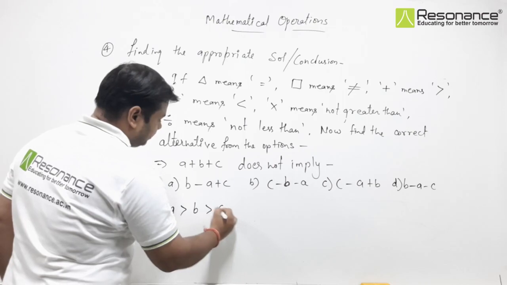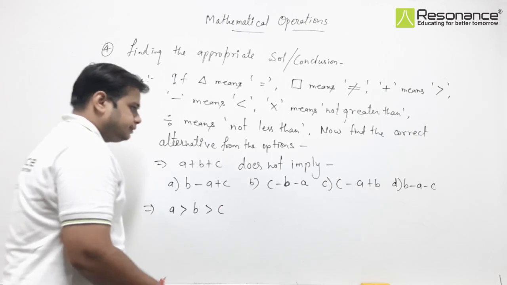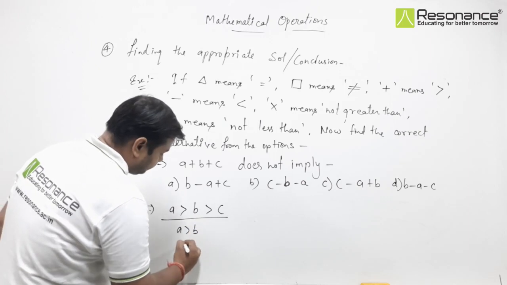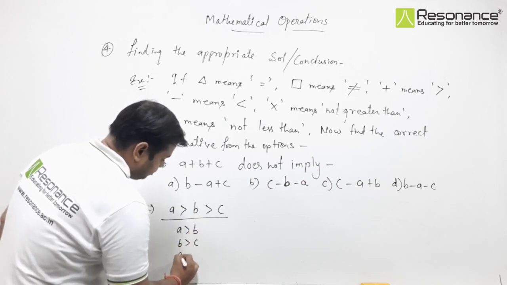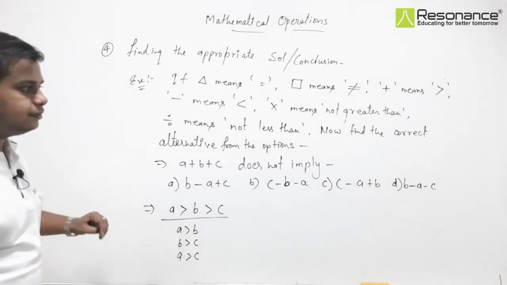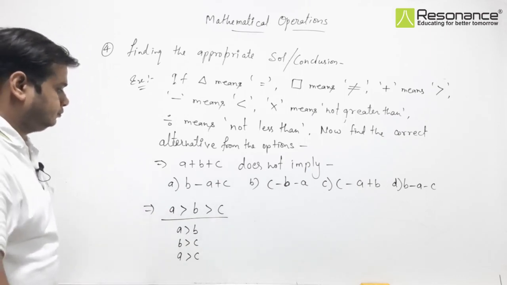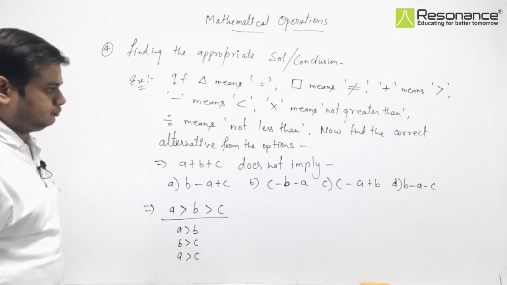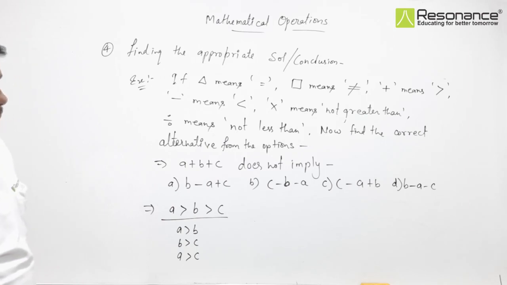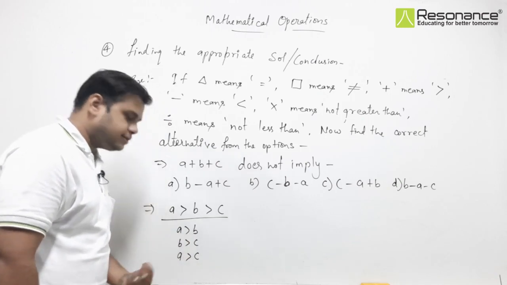So, A is greater than B and B is greater than C. It will give us that A is greater than B, B is greater than C, so A is also greater than C. That means A is greater than B and A is also greater than C.